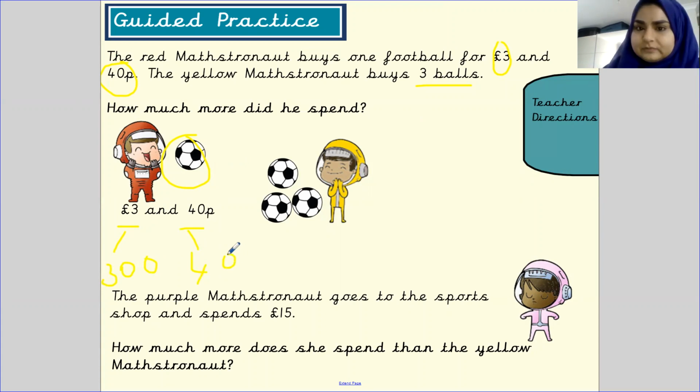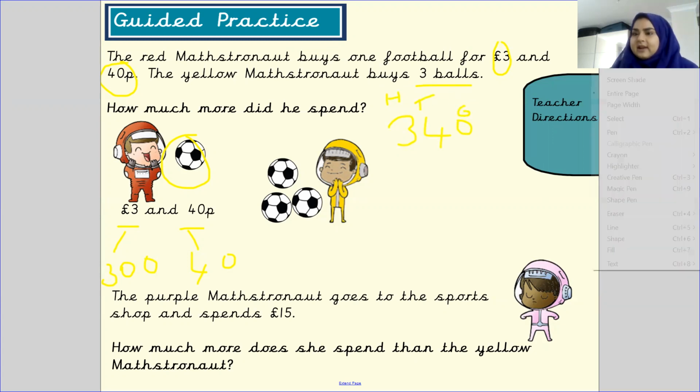Okay, so what I can do is I can do 340 if I use my place value knowledge. So 100, tens and ones.